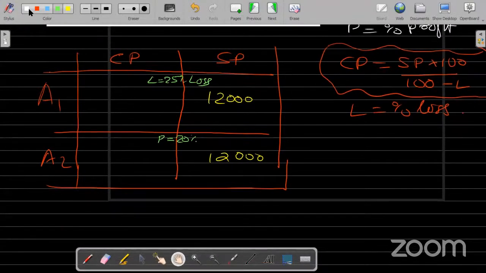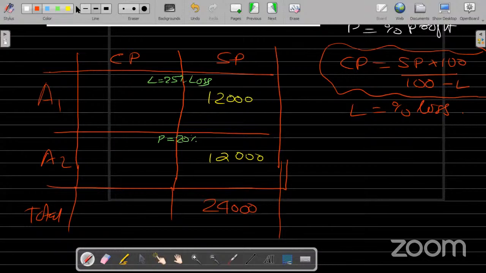Now we know the selling price of each article, 12,000 each. So the total selling price will be 12,000 plus 12,000, that is equal to 24,000. Now we need to find out the total cost price.